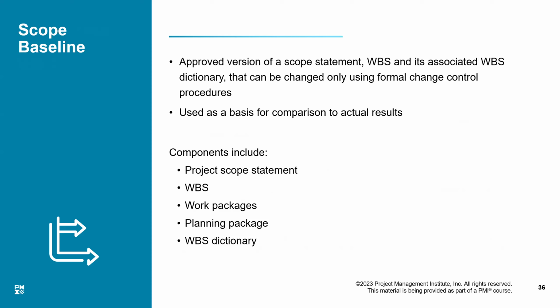Actually, the WBS dictionary will include all the work packages and planning packages, so you could write them separately or they can be part of the WBS dictionary, one and the same thing. But all of these things, once approved and complete, are overall called the scope baseline. This is as far as predictive project management is concerned. This is how things happen in a predictive project. We reach the scope baseline.